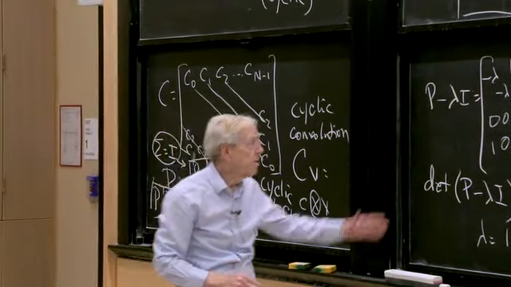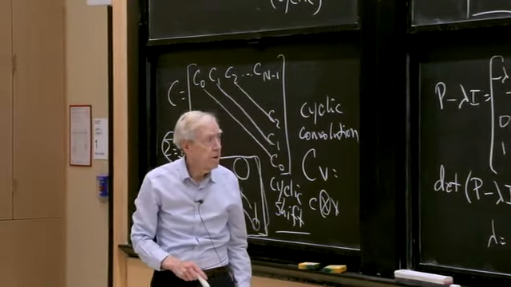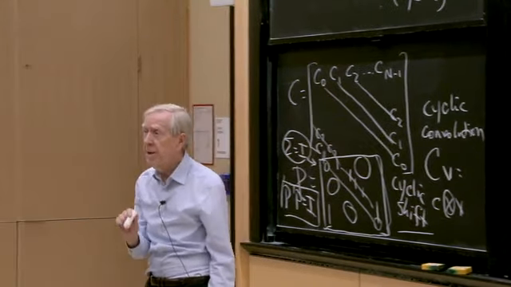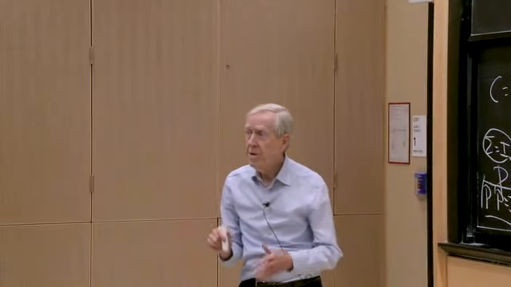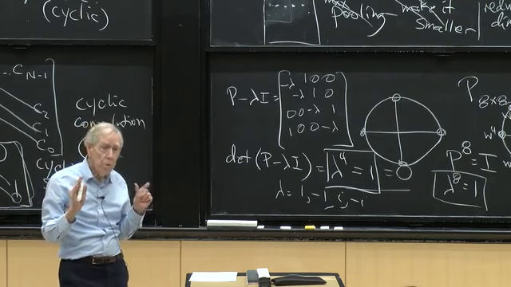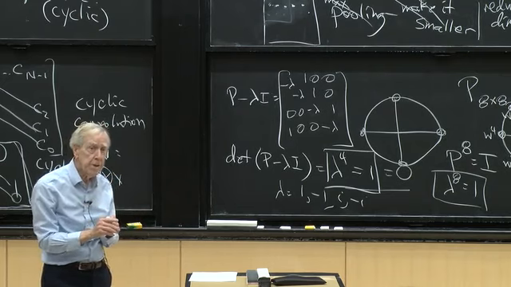Here's the 4 by 4 case. The matrix is an orthogonal matrix. What does that tell us about the eigenvectors? The eigenvectors of an orthogonal matrix are orthogonal, just like symmetric matrices.